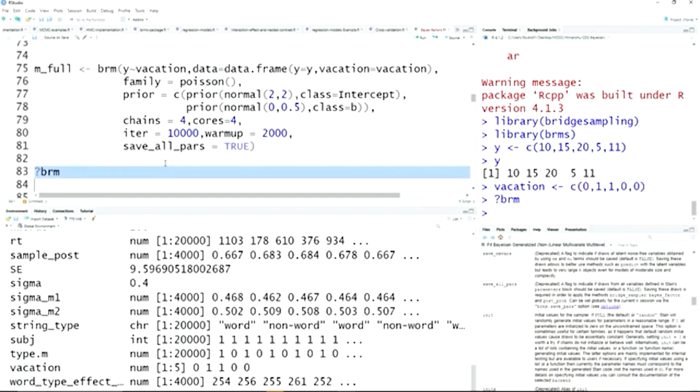You want to save all the parameters, which is important for calculating the marginal likelihood and other things.